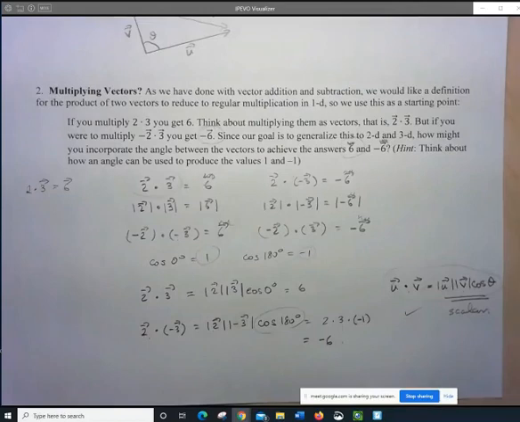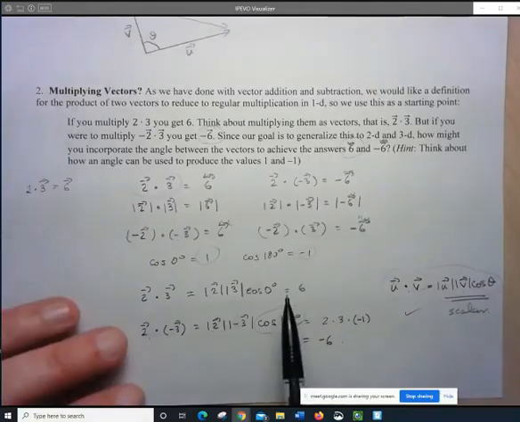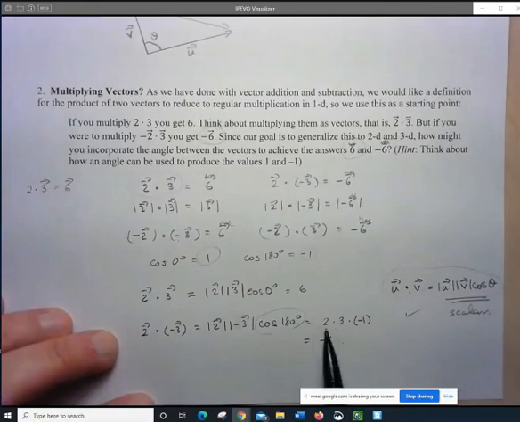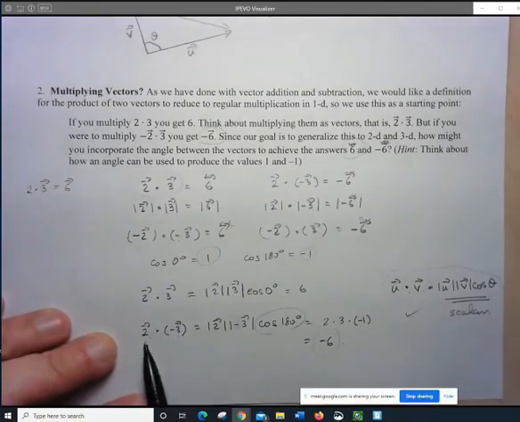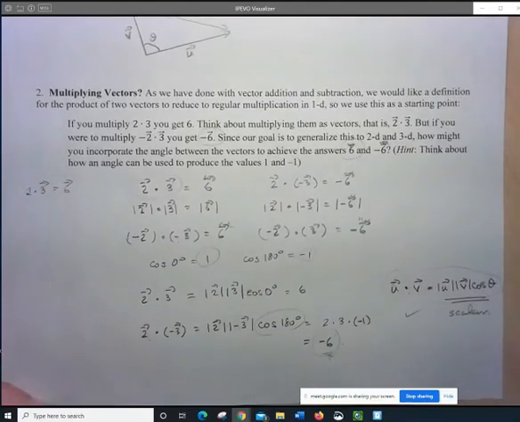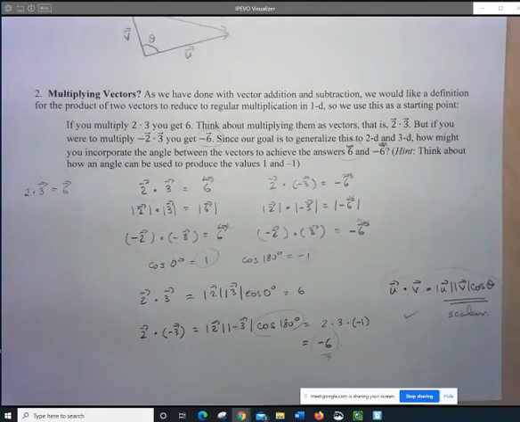Is that scalar the magnitude of u times v? Well, we see here that it's not quite the magnitude of, well, it is in this case here, except look at what happens when you multiply two opposite vectors. Does -6 represent the magnitude? Clearly not. Okay?